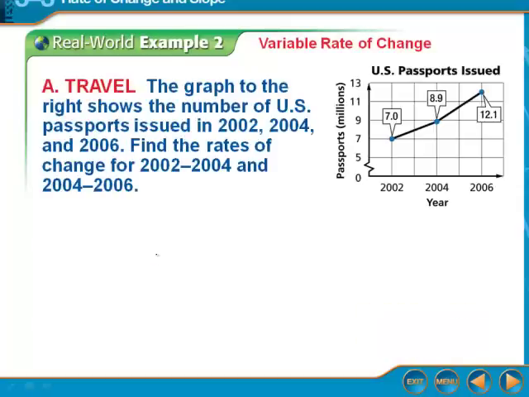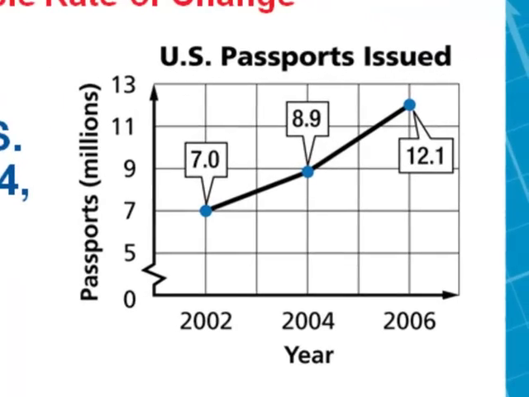This is a great graph to show the fact that when we're looking at segments, in this case where it's truly segments we're looking at, this is the passports issued between two different time frames up here. We can look at rate of change. In this case, we can look from 2002 to 2004. What's happening? Well, we're going from 7 to 8.9 in a 2-year period.